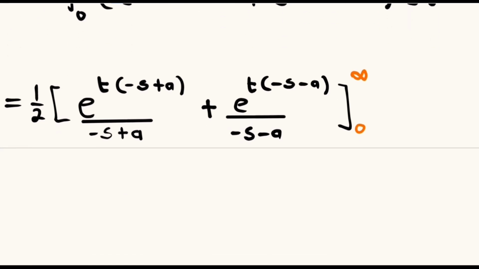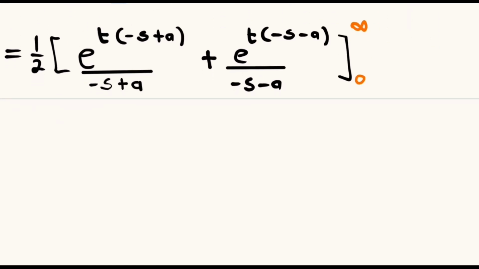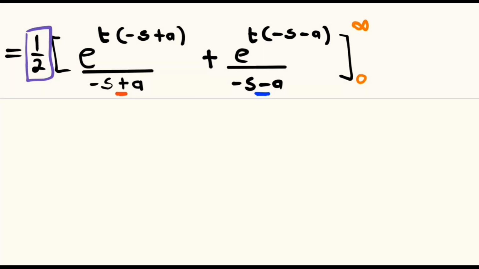We are now going to evaluate our limits at infinity and 0, but for now we are going to omit the half. We start by evaluating the limit at infinity for the first term, and later we evaluate the limit at infinity for the second term.